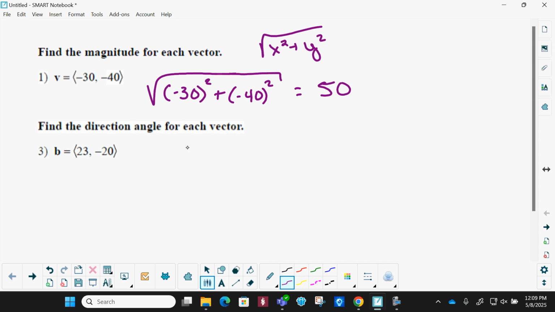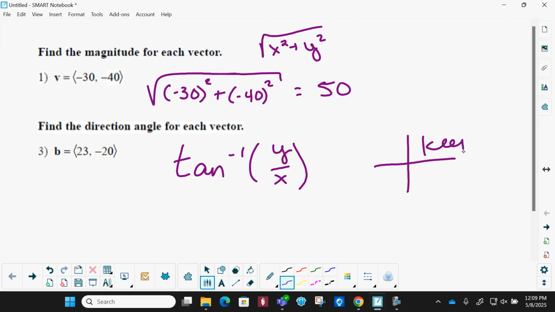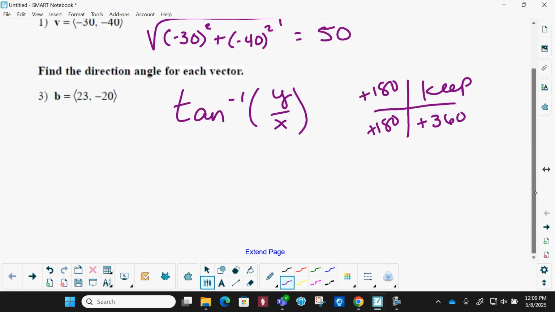Okay, so here, direction angle, we have this formula, inverse tangent of y over x. Now, we also have to keep in mind, here in quadrant 1, we do nothing. We add 180 for quadrants 2 and 3, and then quadrant 4 is 360. So here we go, inverse tangent of y over x.